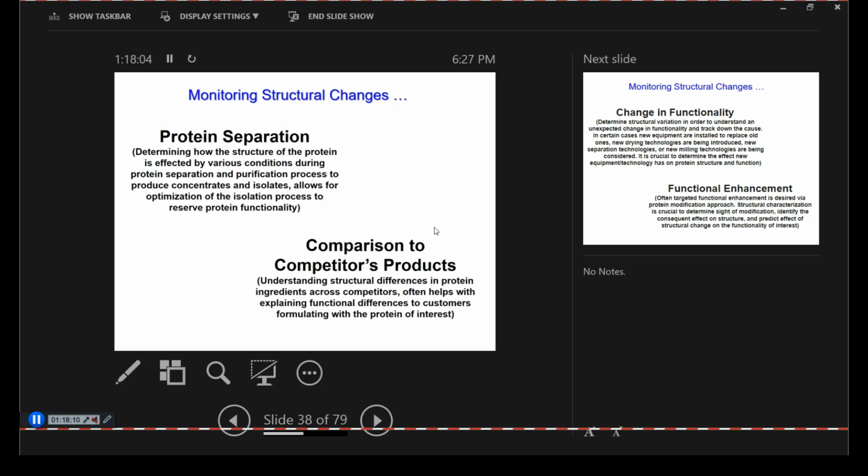So there's so many different processing steps that might impact the structure and function of the protein. So monitoring what happens to the protein structure at each processing step can allow for optimization of the process to reduce structural damage to the protein and get an ingredient that is still functional.